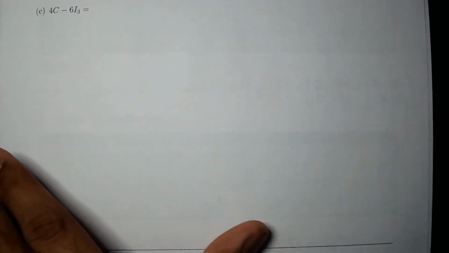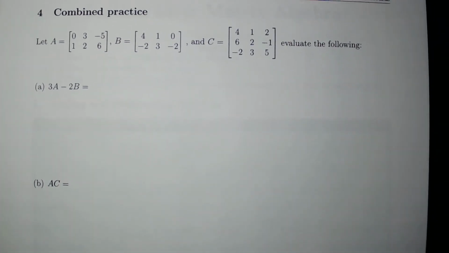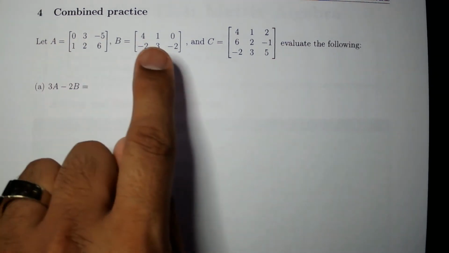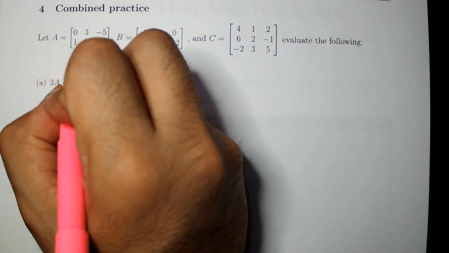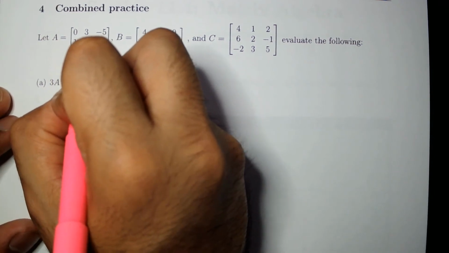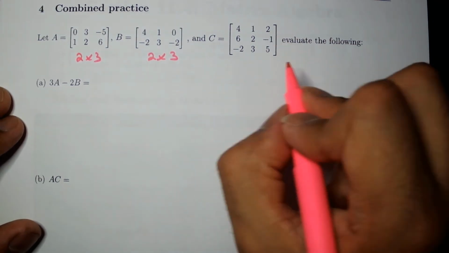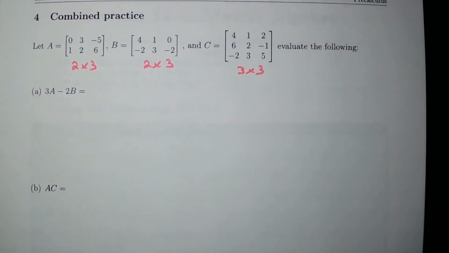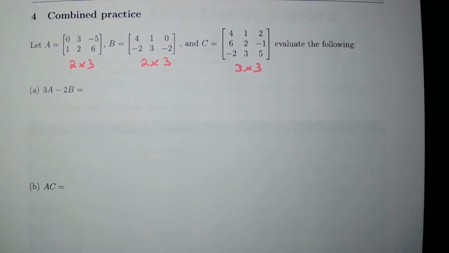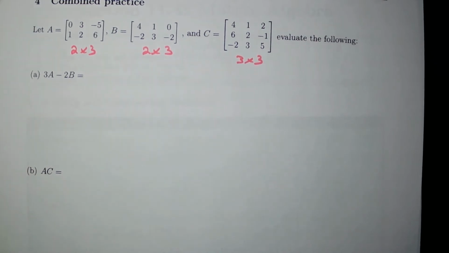Let's do a couple of combined practice examples. So we are given 3 matrices A, B, and C, a 2 by 3, a 2 by 3, and a 3 by 3. Let's actually list the dimensions of the matrix. That's 2 rows by 3 columns, 2 rows by 3 columns, and 3 rows by 3 columns. All right. So let's do the operation 3A minus 2B.